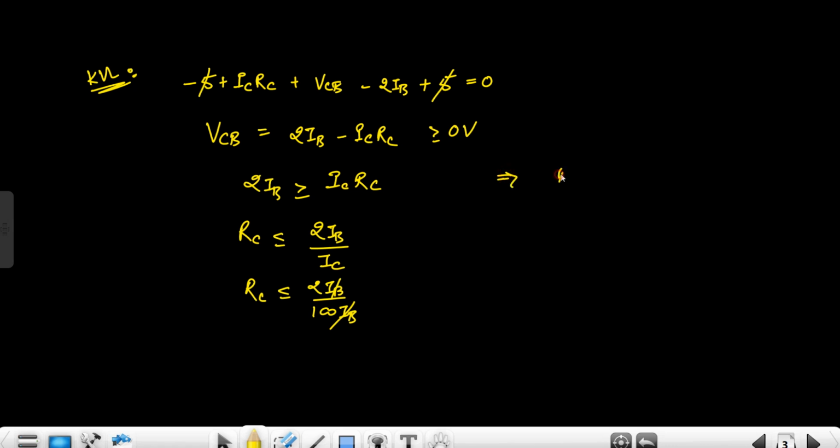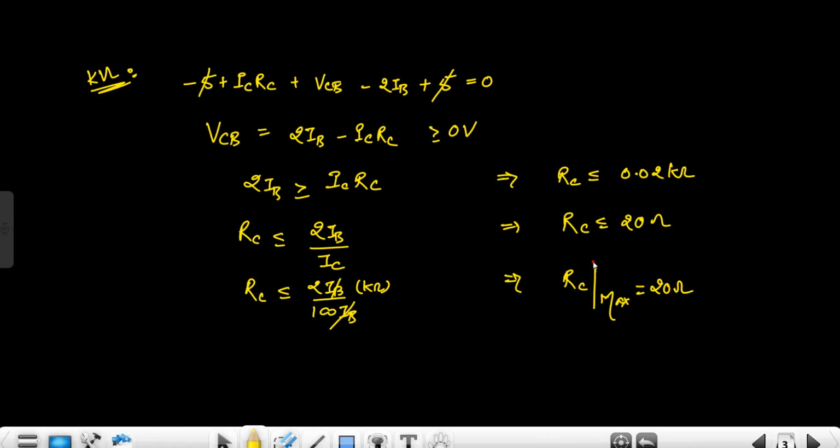So RC should be less than or equal to, IB cancels, and this 2 was in kilo because it is the 2 kilo resistor RB, so this is 0.02 kilo, and RC is less than or equal to 20 ohm. So the maximum value of RC is equal to 20 ohm.